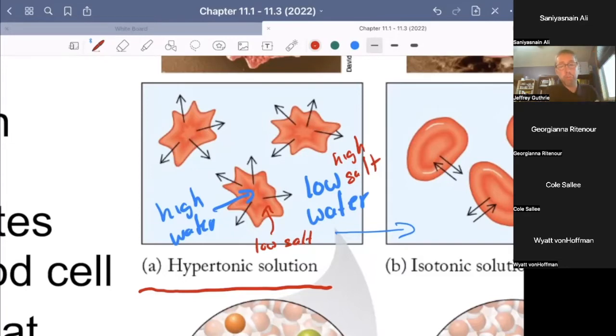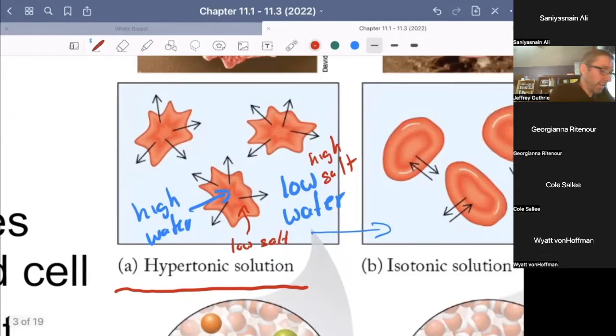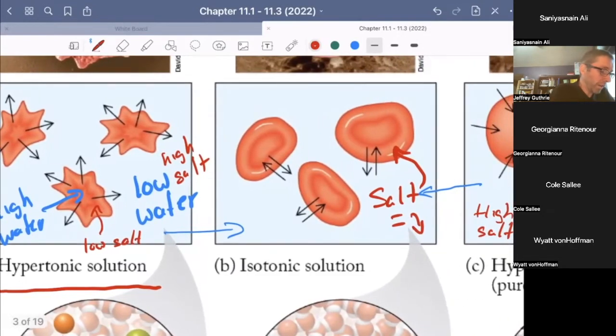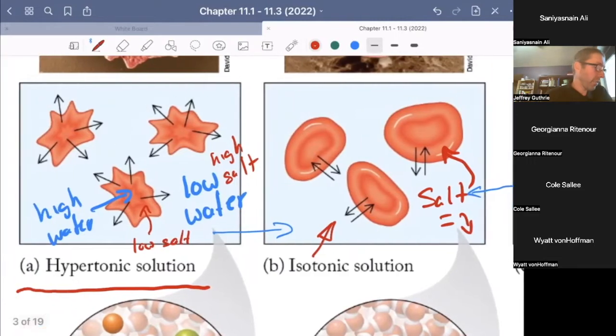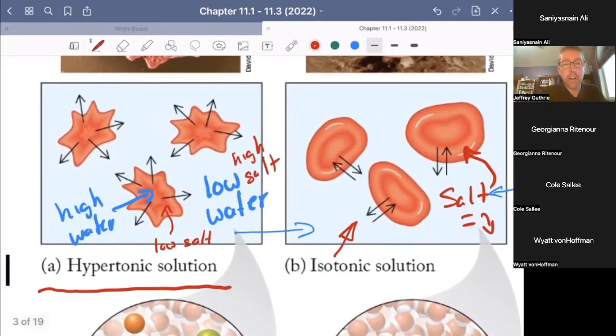Okay, so basically the water inside the cell is at a higher concentration. The only thing that can move in and out of these cells is water. And since it wants to get to a situation of an isotonic solution where we have equal concentrations of salt both in and outside the cell, since only water can move, the water has to move to a place where it will dilute a salt concentration, right?